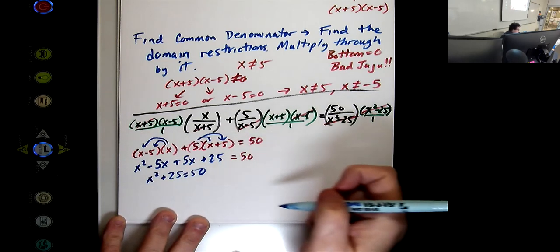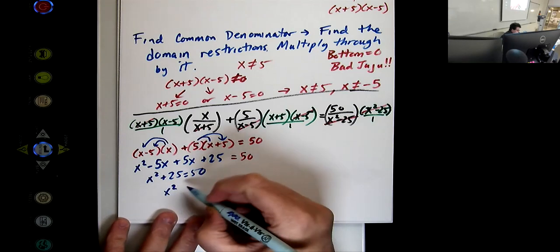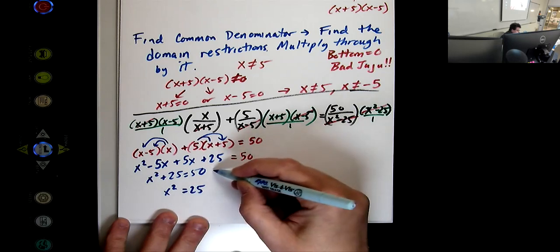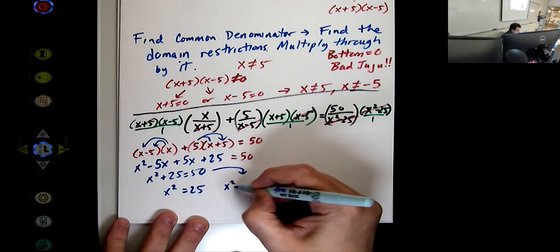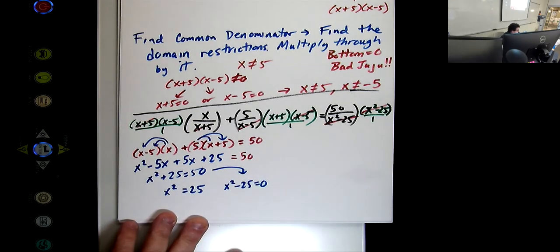So there's a couple of approaches. We can subtract it over and we're going to get x squared equals 25. Or you could bring the 50 to the left and we've got x squared minus 25 equals 0. This is why we have the plus or minus when we take the square root.